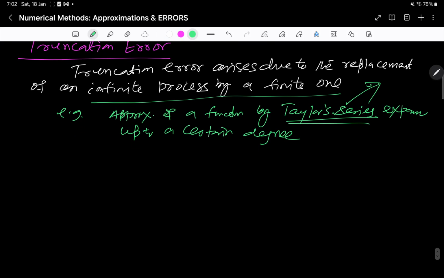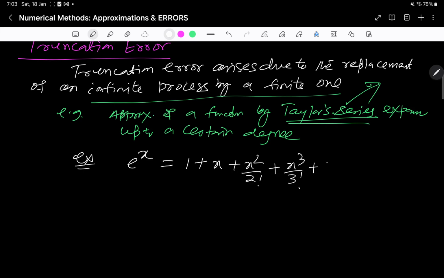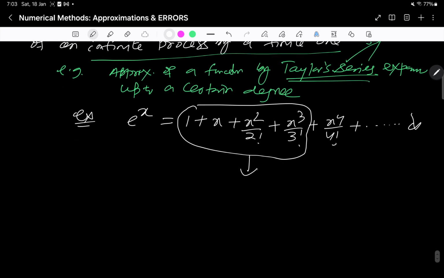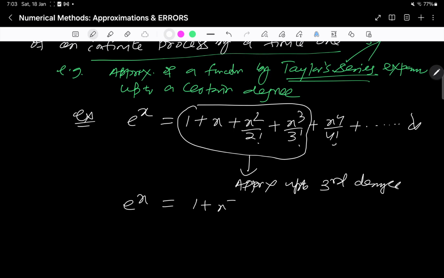For example, for e to the power x, the Taylor series expansion is 1 plus x plus x square by factorial 2 plus x cube by factorial 3 plus x4 by factorial 4, and so on. It continues up to infinity, but if I want to write the approximation up to third degree, then e to the power x up to third degree will be 1 plus x plus x square by factorial 2 plus x cube by factorial 3.